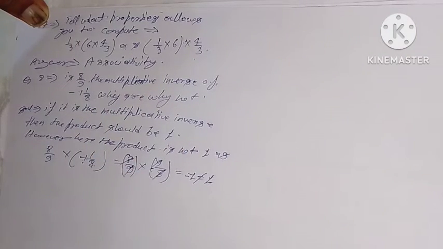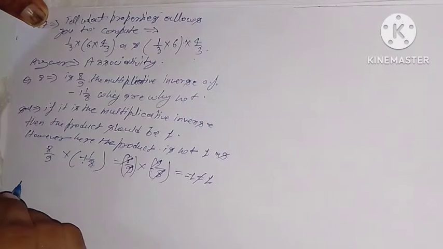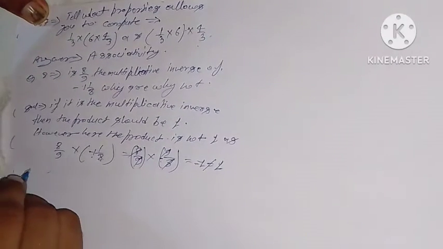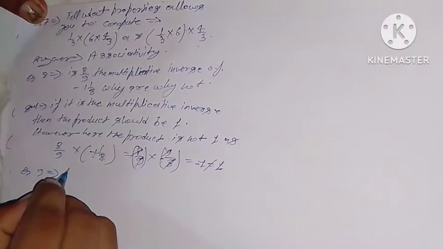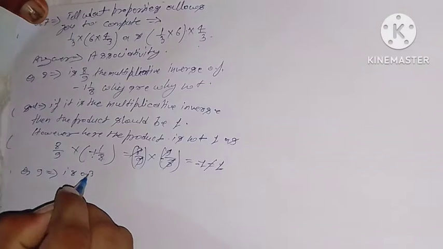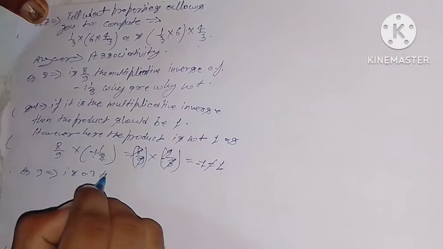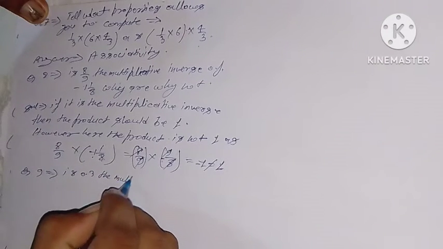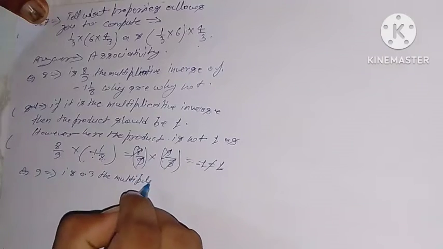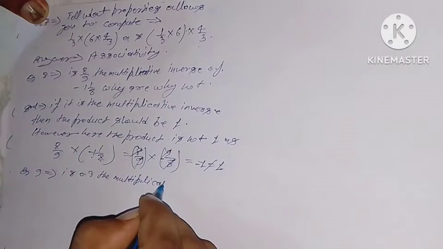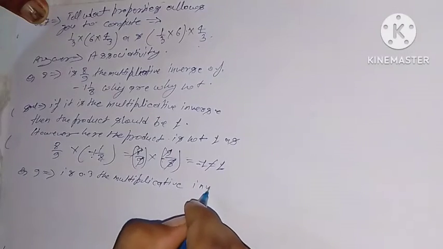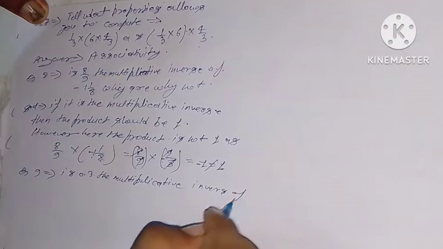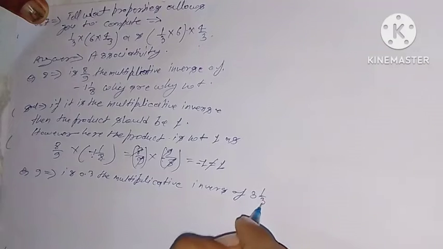Okay. Question number 9. Is 0.3 the multiplicative inverse of 1 upon 3?